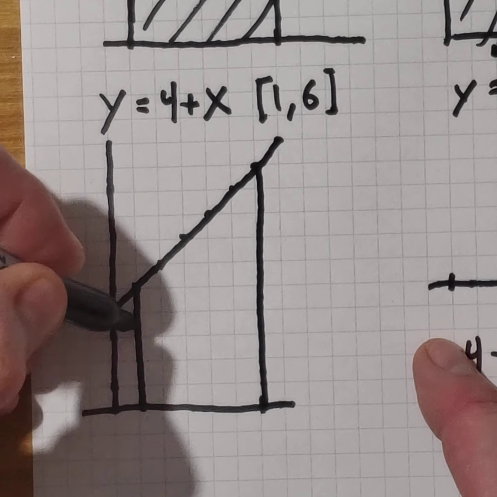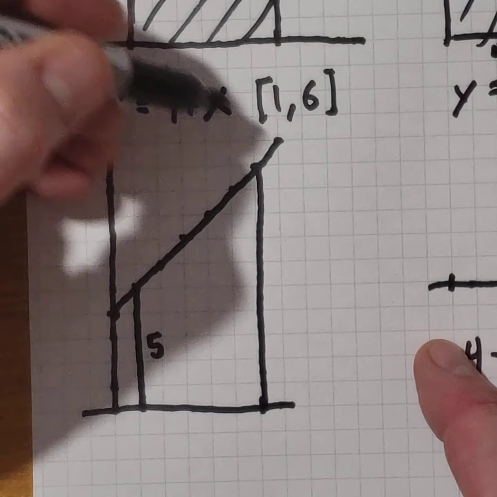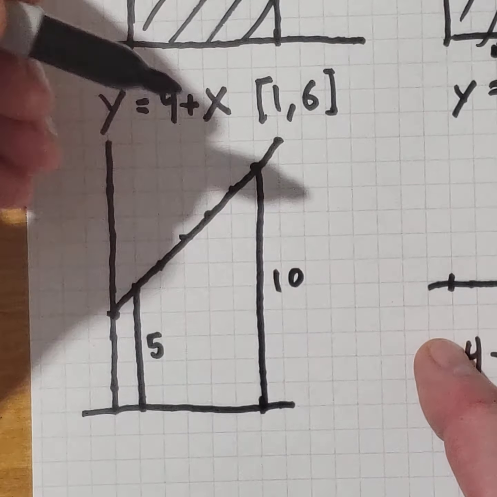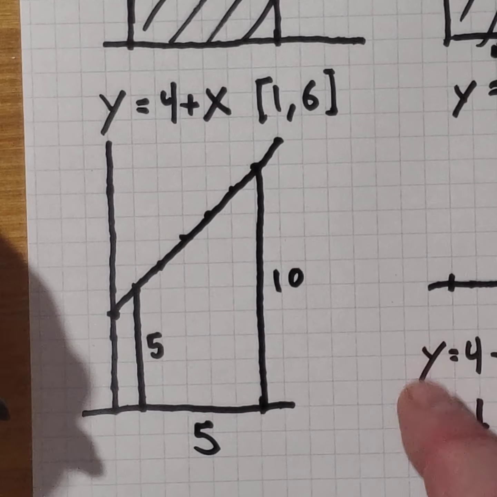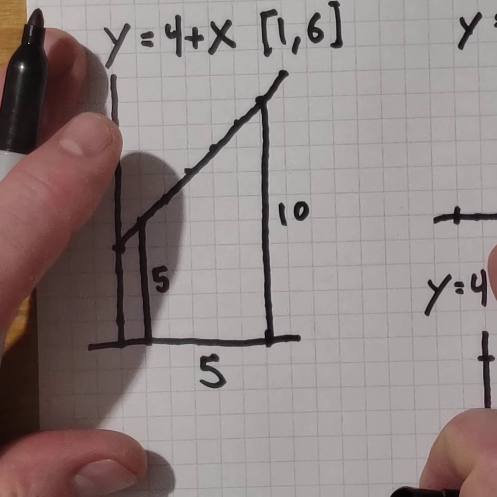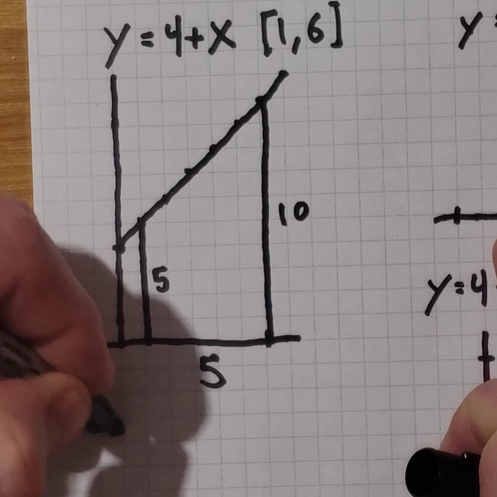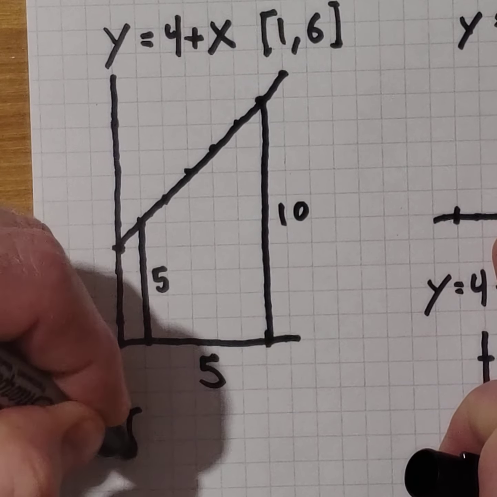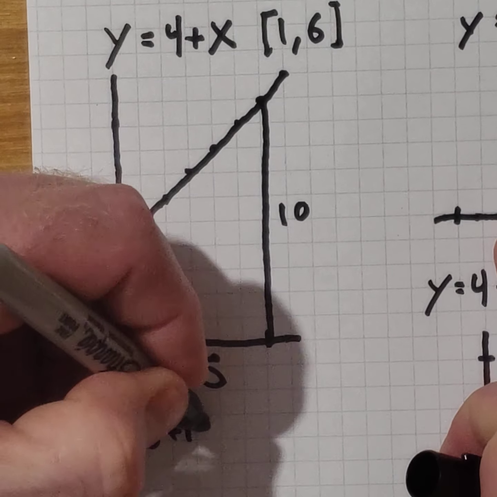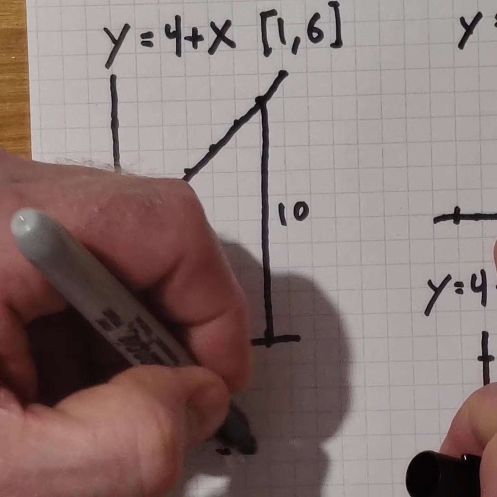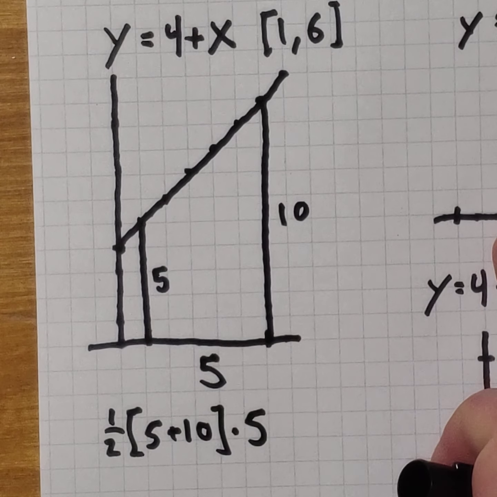We have this side here is 5. This side here would be 4 plus 6, which is 10. And our base is 5, from 1 to 6. If you remember the area formula for a trapezoid, it is 1/2 times base 1 plus base 2, so 5 plus 10, times the base.